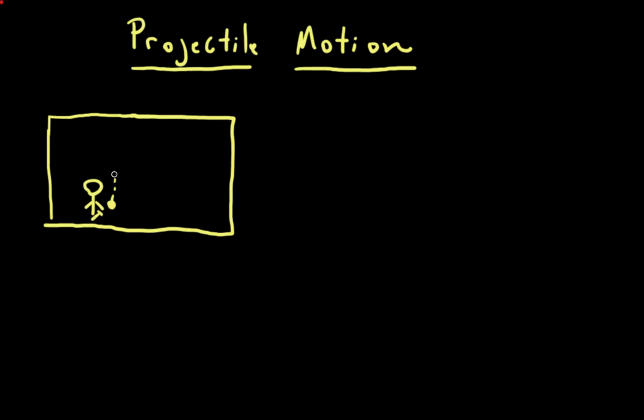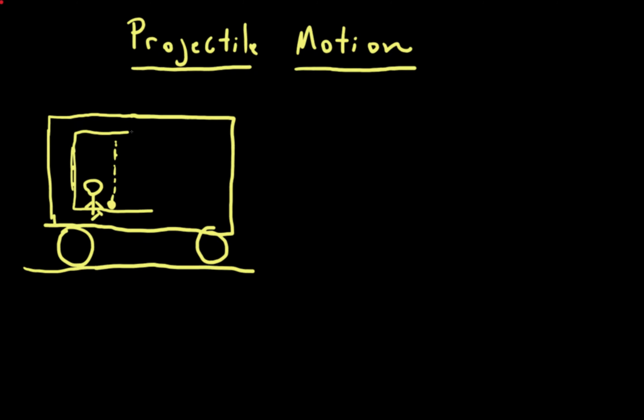If the box, let's say it's a train car on some rails, is not moving and there's a window, then you can see that the ball is just going up and down, right?